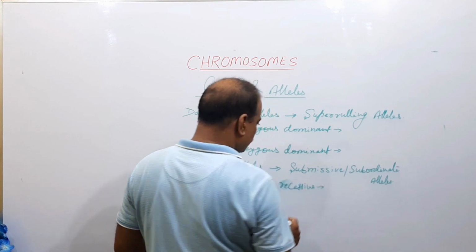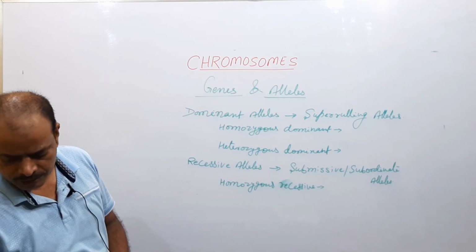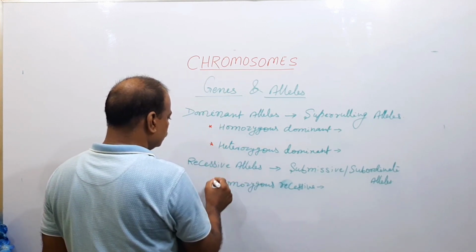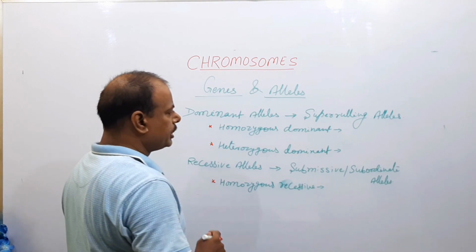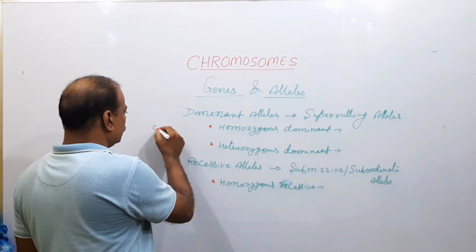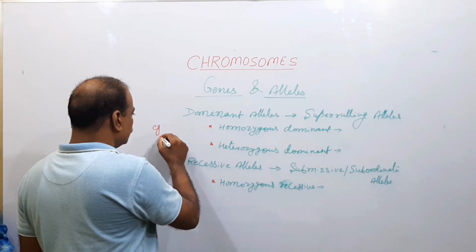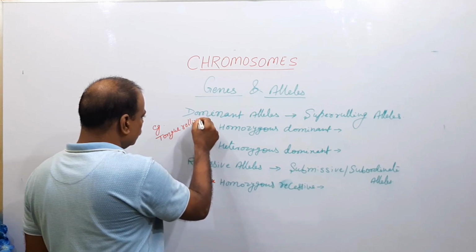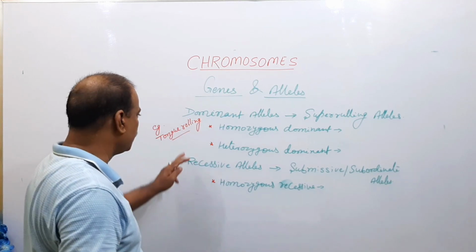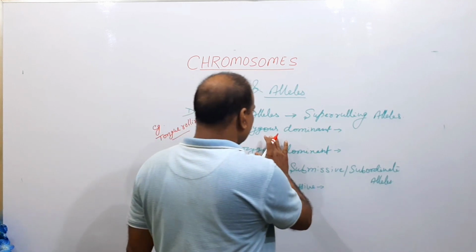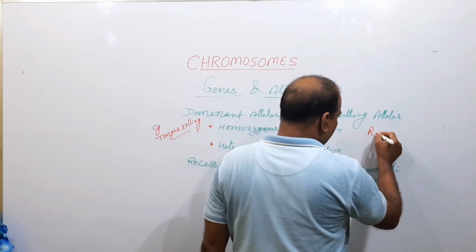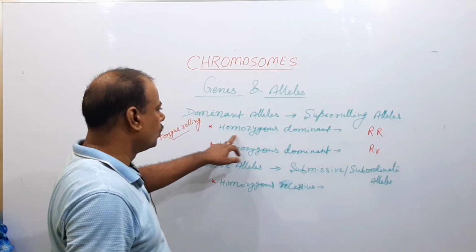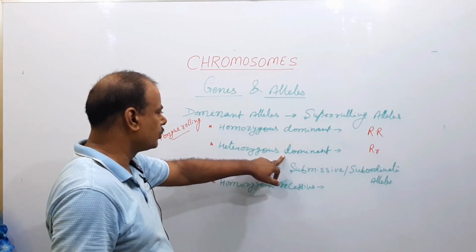So these are the different conditions found in organisms. Here, if we take an example of tongue rolling, then capital R capital R is homozygous dominant, and capital R small r is heterozygous dominant.